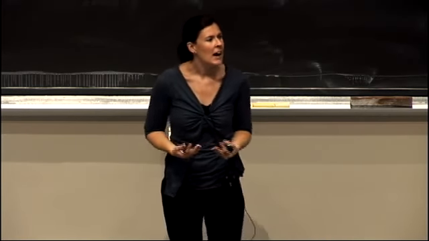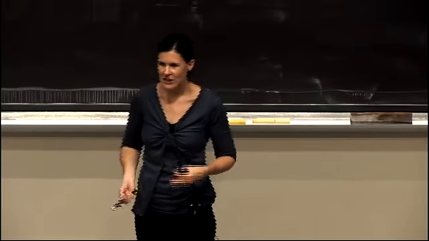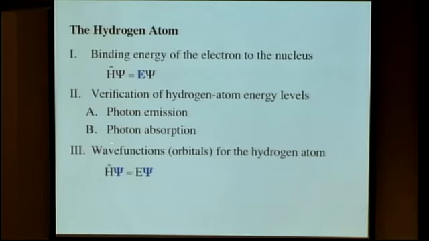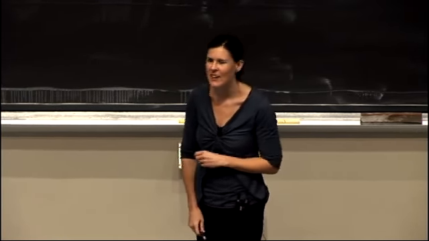Then, after we've made all of our predictions for what the energy should be, we can confirm whether or not we're correct by looking at photon emission and photon absorption for hydrogen atoms, and we'll actually do a demo with that too, so we can confirm it ourselves as well as match it with the observations of others.